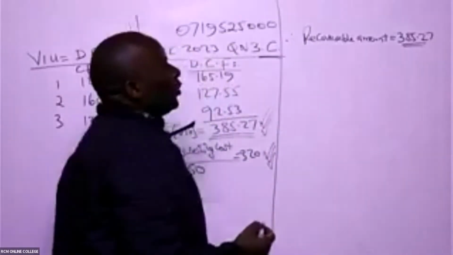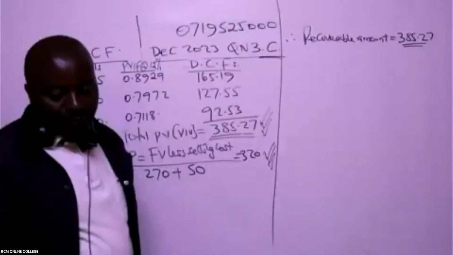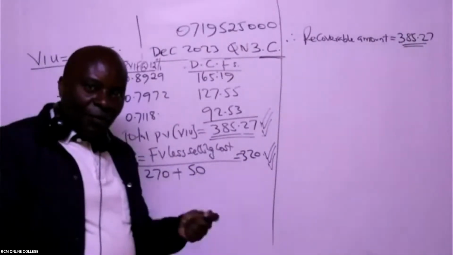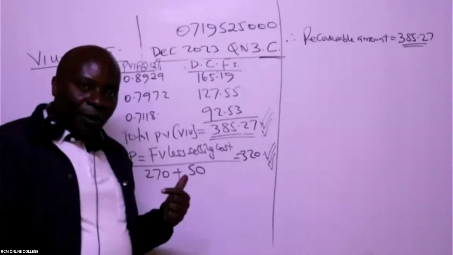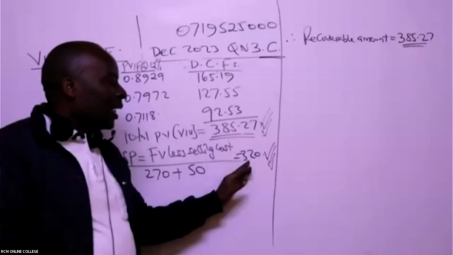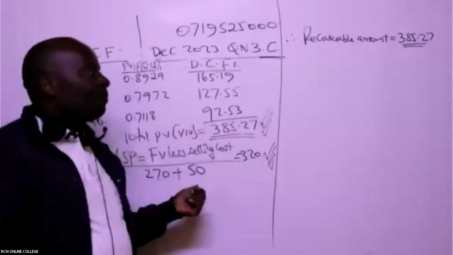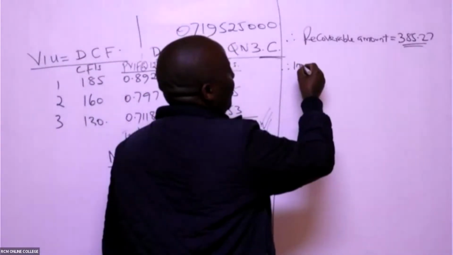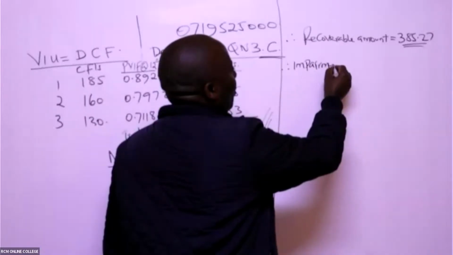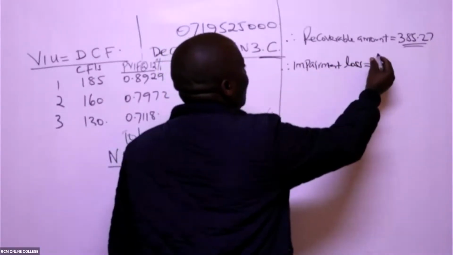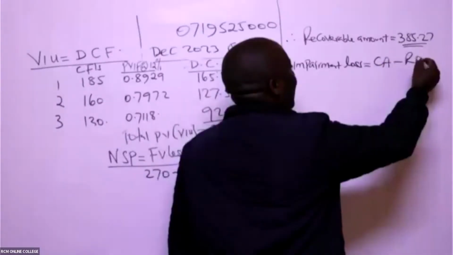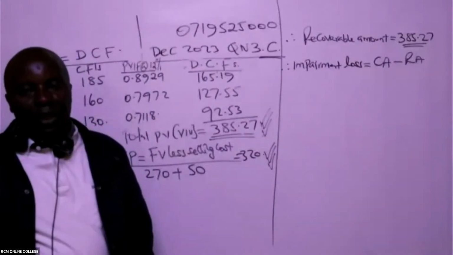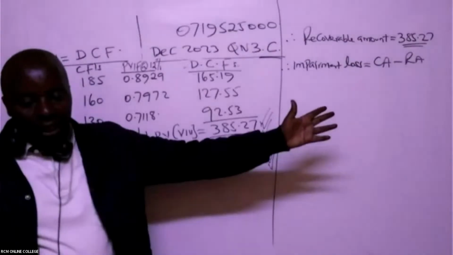You always pick the higher, because it's about common sense. I have an asset here. If I continue using it, I will get this. If I sell it, I'll get 320. So what is better for me? The higher. And once I've gotten this, I will be able to ascertain the impairment loss, which is CAR minus RAR. Impairment loss is carrying amount minus recoverable amount.